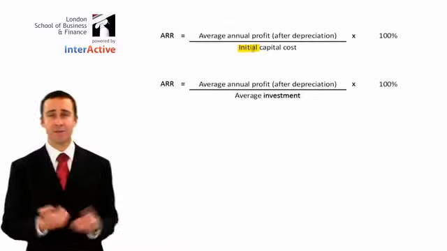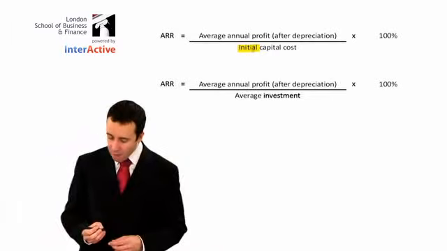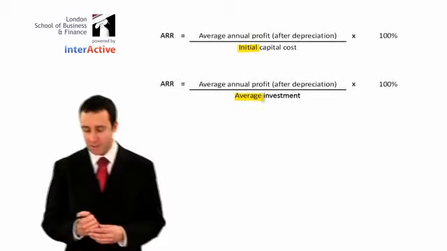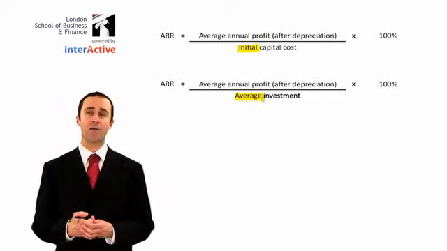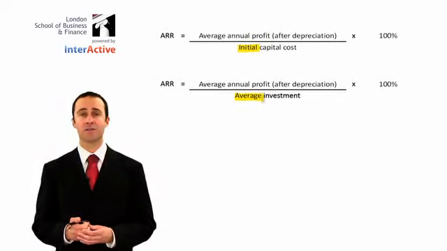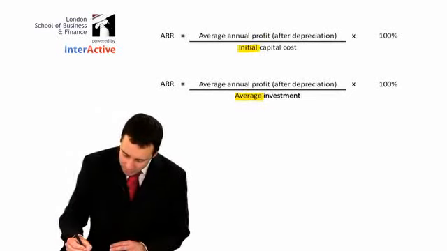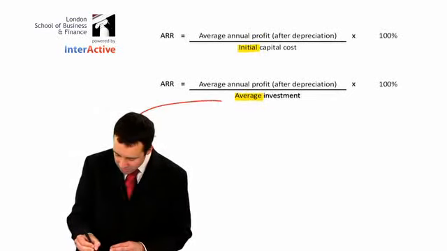Other alternative method, which is again a bit of a downfall of ARR, and that we have alternatives for the calculation, is that the second way of calculating your ARR is based upon what we refer to as an average investment. How do we go through and calculate that average investment?